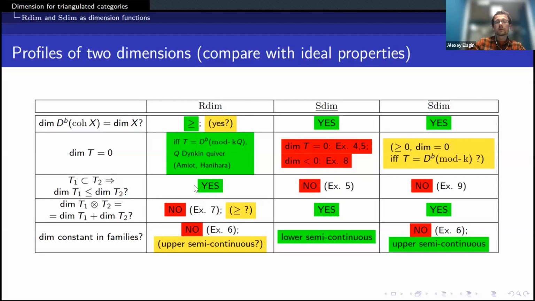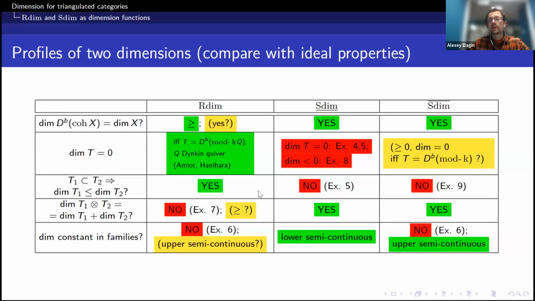Now, monotonicity. Rouquier dimension is monotonous, more or less, by definition, because if you have an admissible subcategory, then you can project a generator of the category onto the subcategory, and this would be a generator with the same generation time. And for Serre dimension, we have seen that it is non-monotonous.